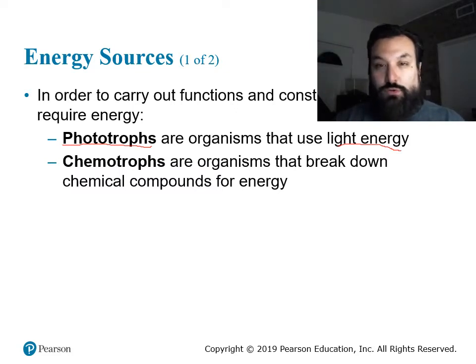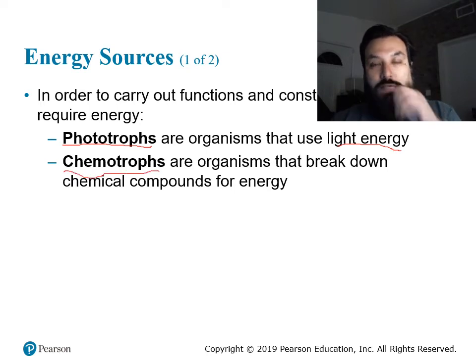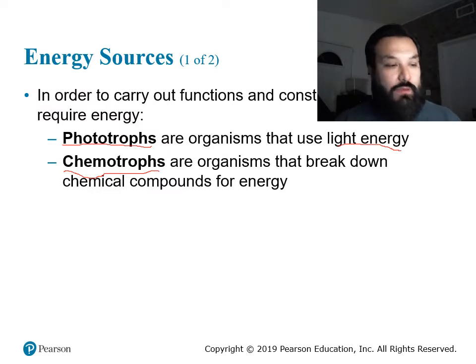If you're a chemotroph, which most bacteria are, these are organisms that break down chemical compounds and release energy. Most of those are organic molecules or compounds. So when you break up carbohydrates, you release the energy. That is what we consider a chemotroph.